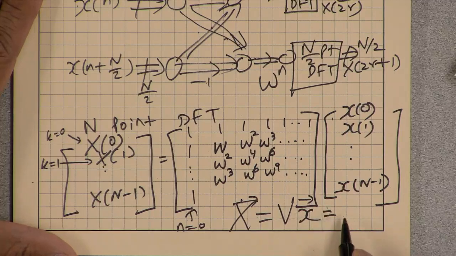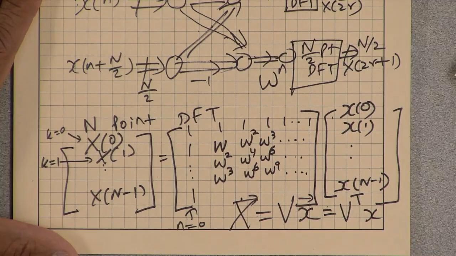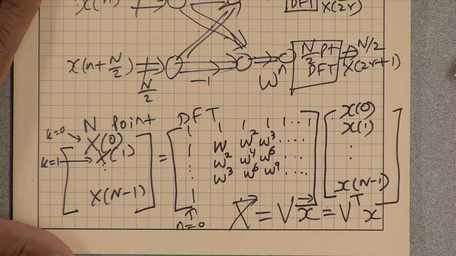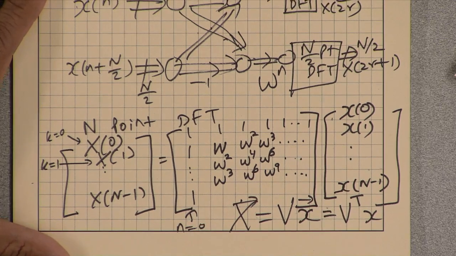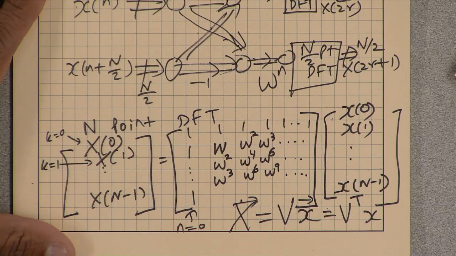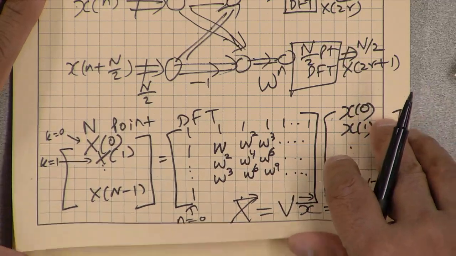You can see that I can write this also as B transpose times x, because the DFT matrix is a symmetric matrix. So the B matrix is the transpose of itself. So if I just transpose the structure, then I get B transpose, which would still be the same DFT matrix.